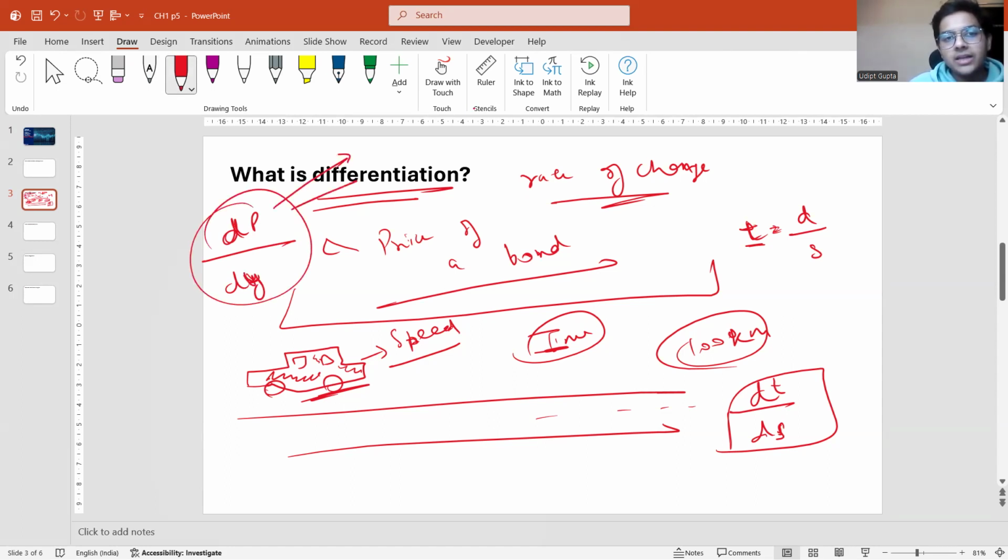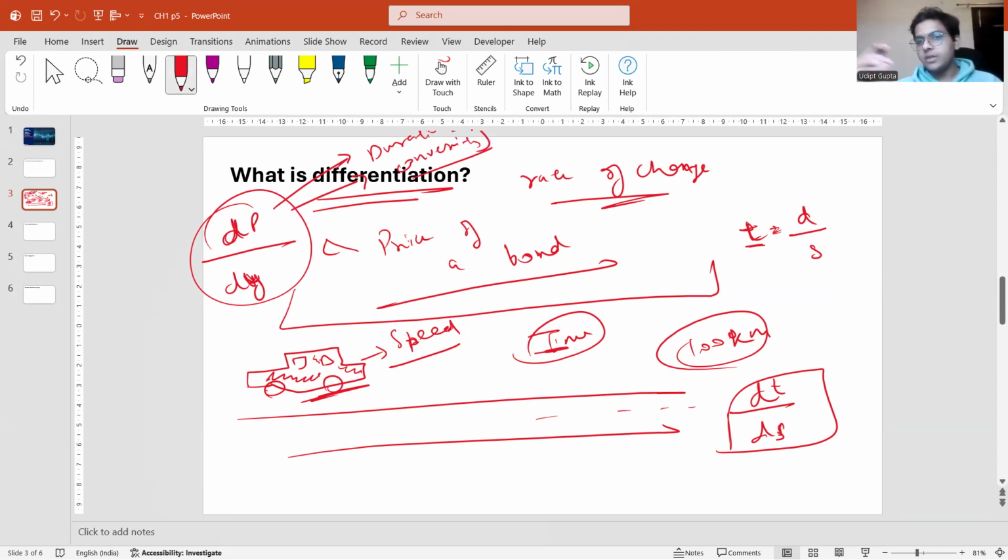This is where we get duration and convexity. These are the two topics of FRM in financial risk management of fixed income that decide the risk of your bonds. So this is where differentiation is used, in duration and convexity.